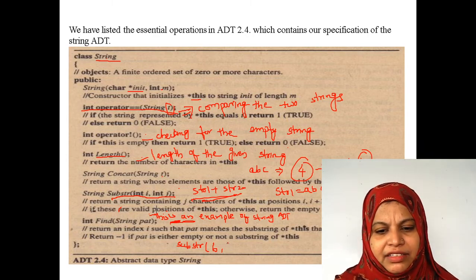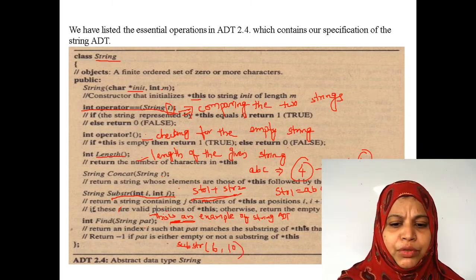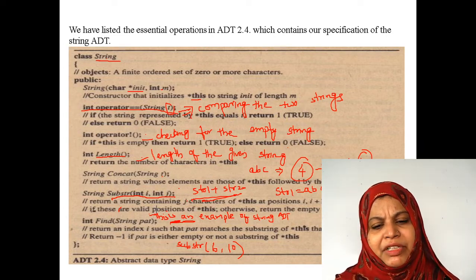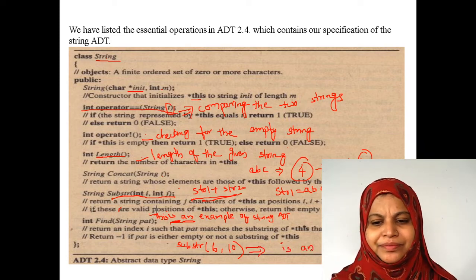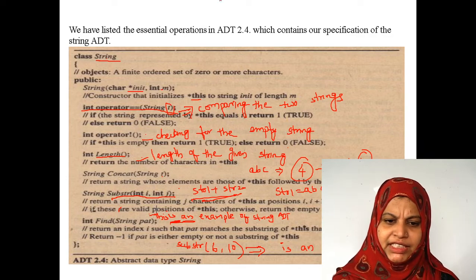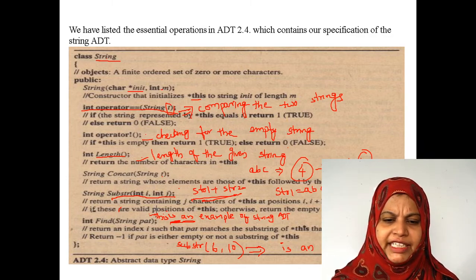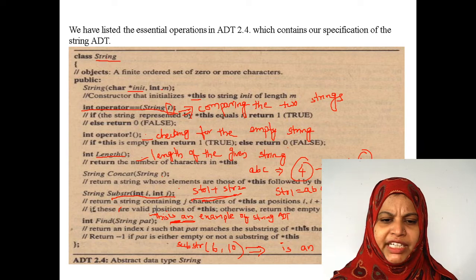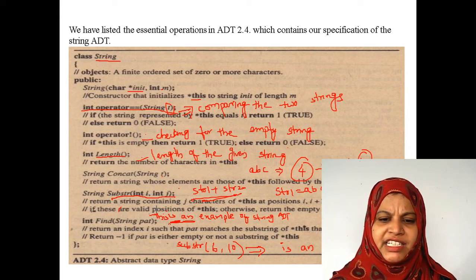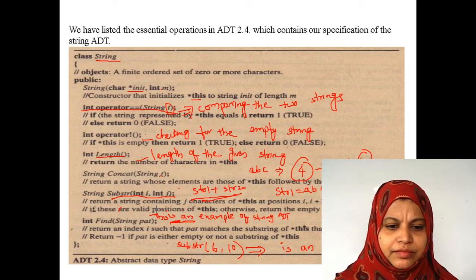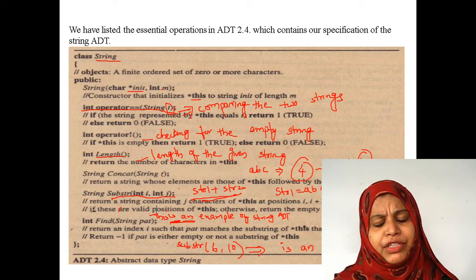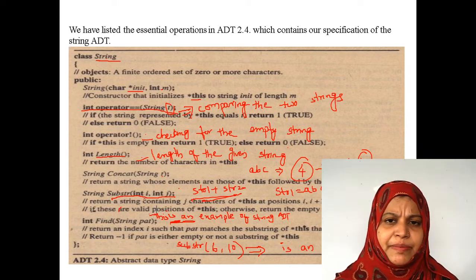I am going to read the characters present between these two positions, 6 comma 10. So my output is "is". First, "this" is 1, 2, 3, 4, then the blank space is indicated by 5. "is" is located at 6. By using the substring function, we find a substring which is present in that particular string.